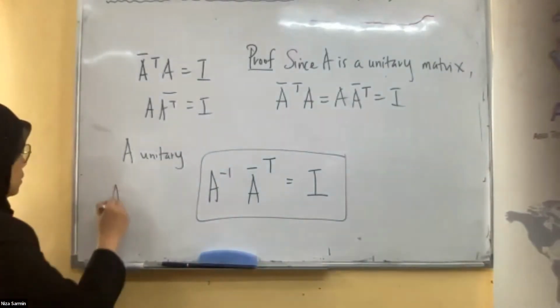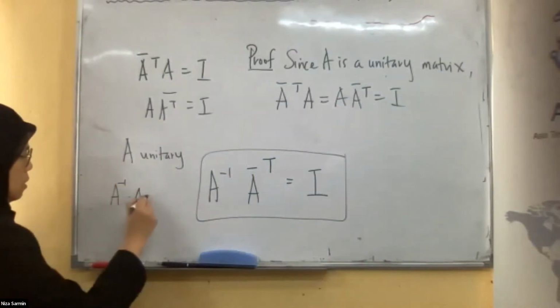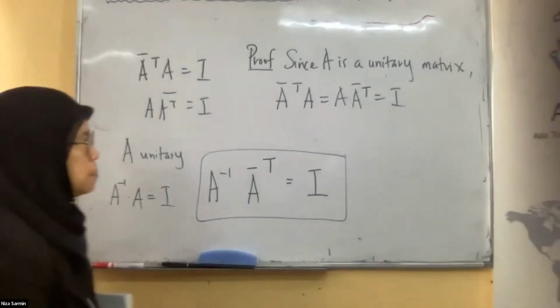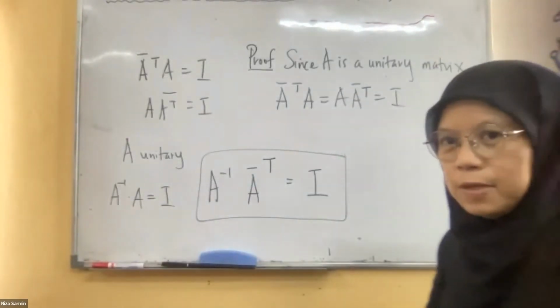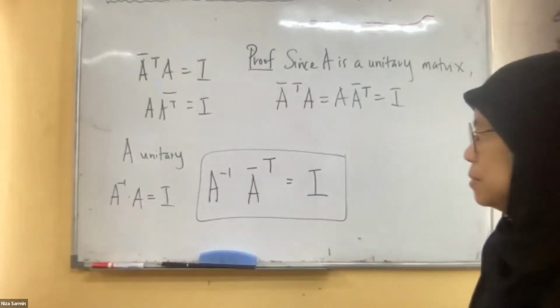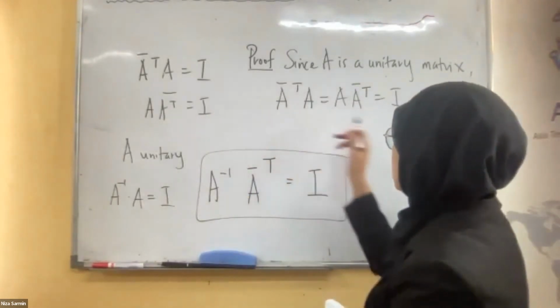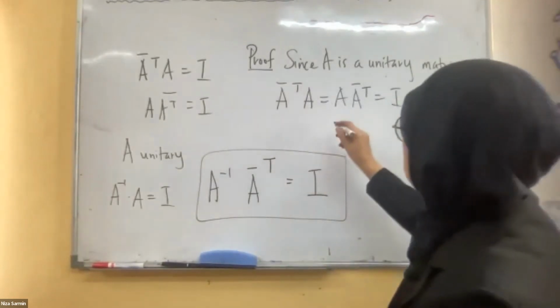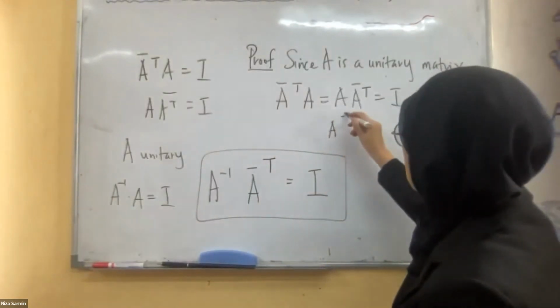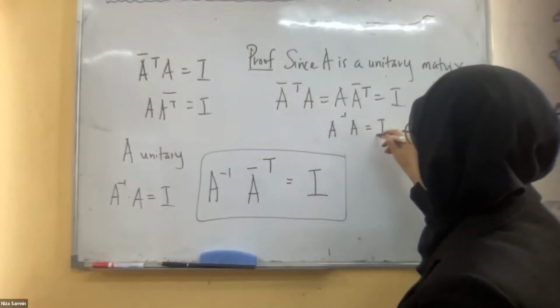A inverse times A is I. Yeah, that's A inverse. A inverse times A is I. And this is also true. Then you can put, if you want to see A inverse A is I.